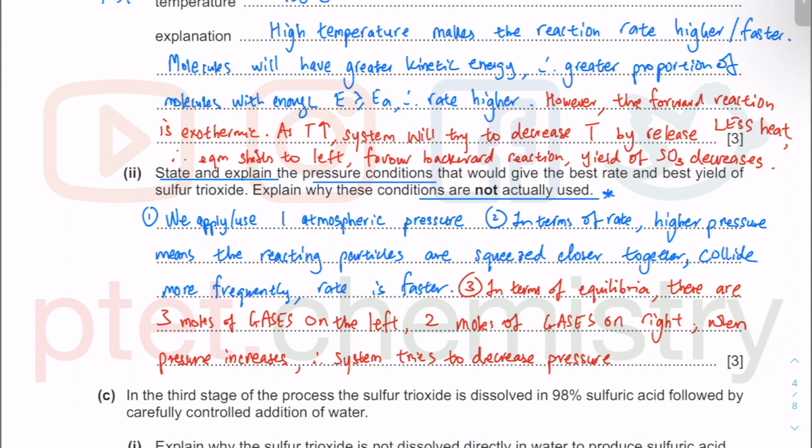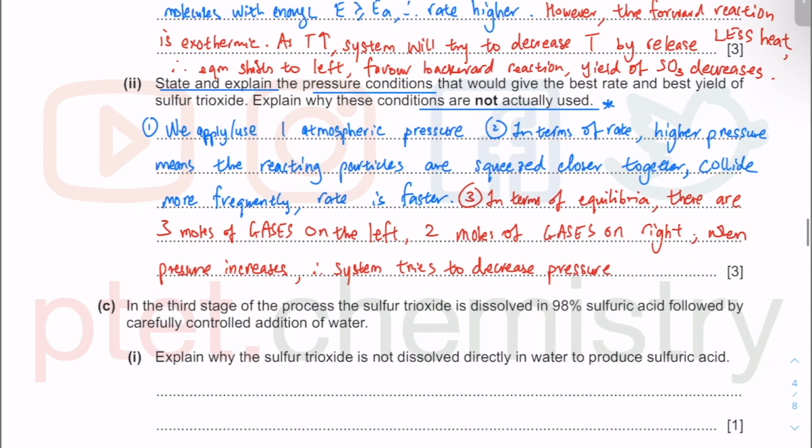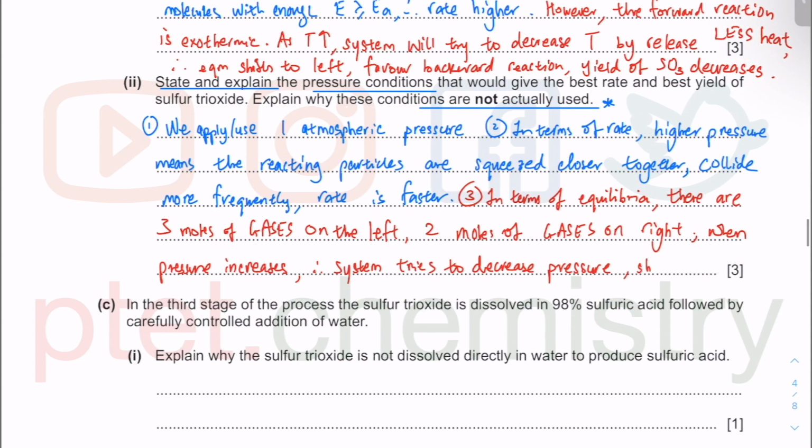You shift to the side with fewer gaseous molecules, and therefore you will shift to the right-hand side, because the right side has fewer gaseous molecules. That was what we had stated previously. And given that higher pressure gives you a faster rate, higher pressure will also give you a greater equilibrium yield because you shift it to the right-hand side.